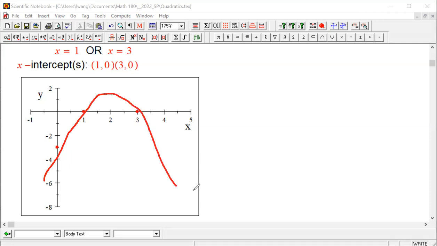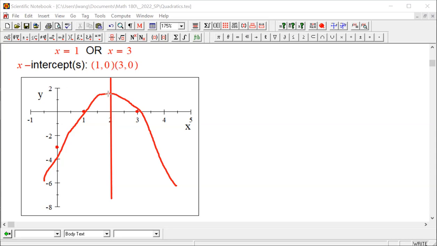Forgive my drawing, it is not perfect, but we know the shape. We know the symmetry. It's symmetrical, and because of the symmetry, we already know the line of symmetry. A parabola is always symmetrical.